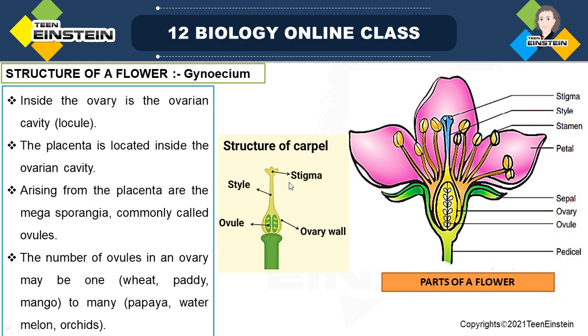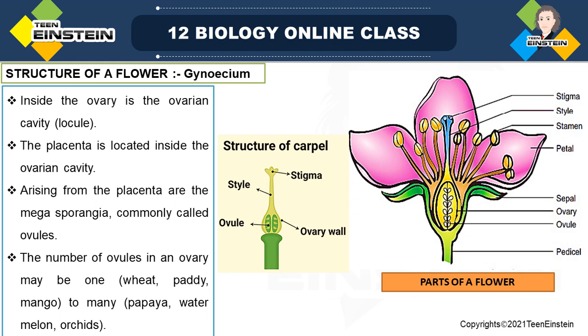In papaya, if you cut it, you can see many black seeds inside the locule. Same in the watermelon, you can see many black or white seeds inside, right?